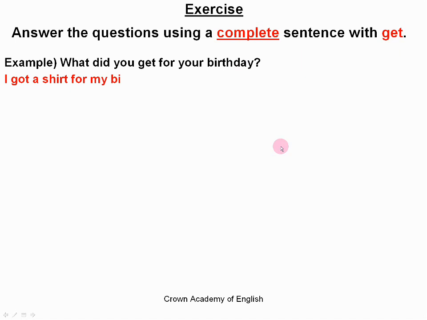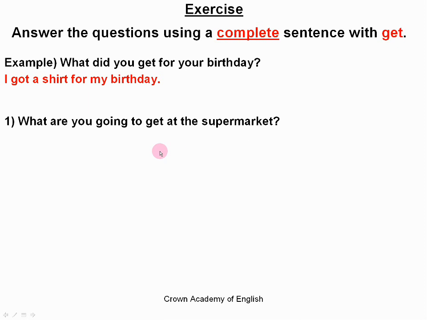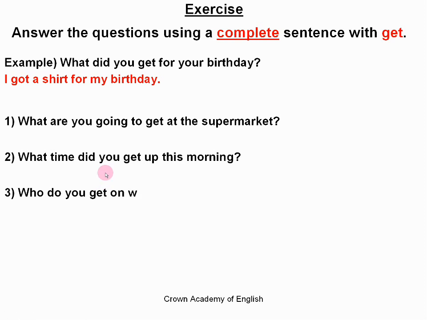So in a complete sentence, my answer is, I got a shirt for my birthday. Okay? And here are the other questions. Question 1. What are you going to get at the supermarket? Question 2. What time did you get up this morning? And question 3. Who do you get on well with? Okay?